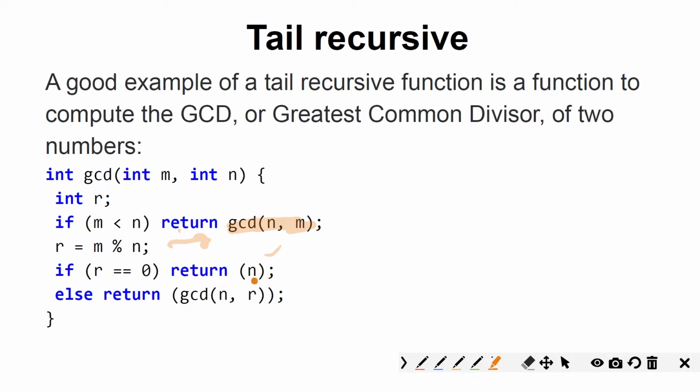Later you check this, if r is not equal to 0, you're not returning n, you're calling the recursion here. And those two calls mean that it's tail recursion.